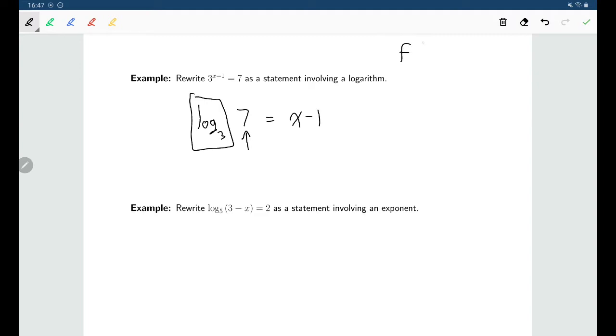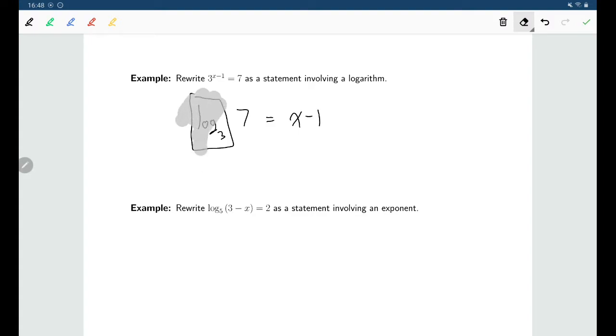Just like you might write f of 7, where f is the name of the function and 7 is the input. You don't have to combine the 7 and the f somehow. f is the name of your function and 7 is what's going into that function. Similarly, we don't need to combine the 3 and the 7 in any way, because log base 3 is the name of our function, and 7 is what's going into our function.